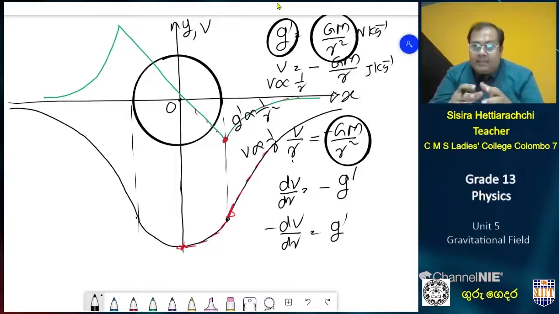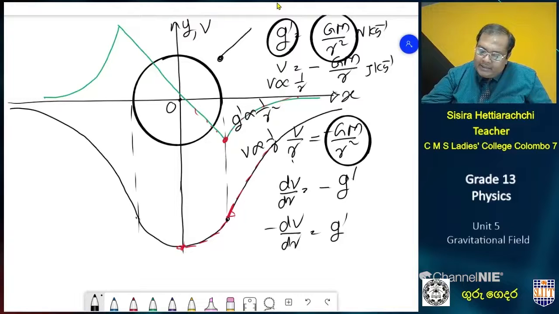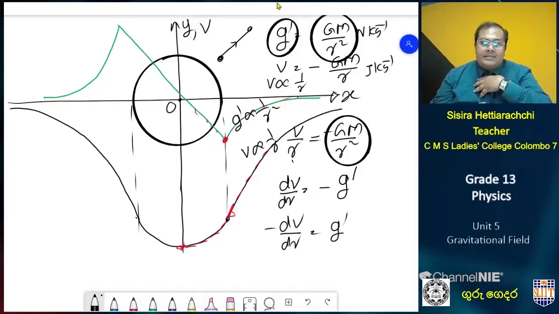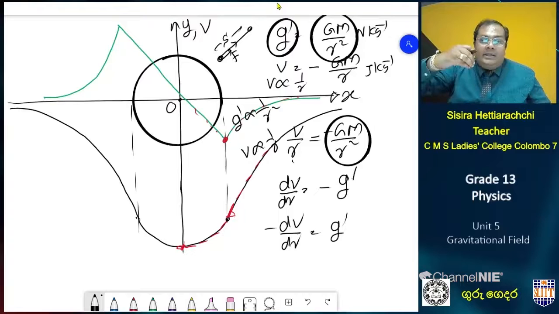If the work done by the field is negative, work done by us is positive. It's a very, very nice relationship. You can see if an object is moved from here to here, we are doing work. Work done by us is positive because we apply force this way to move it in the same direction as the displacement.